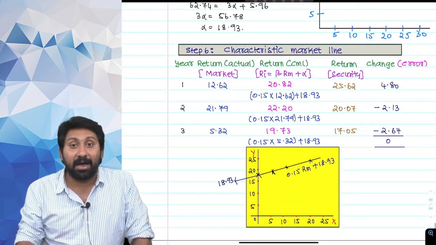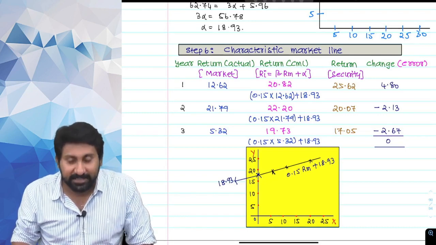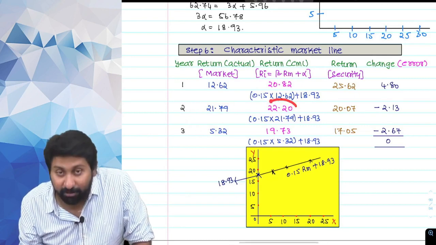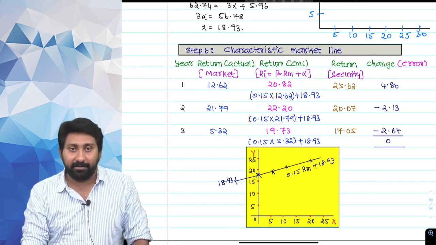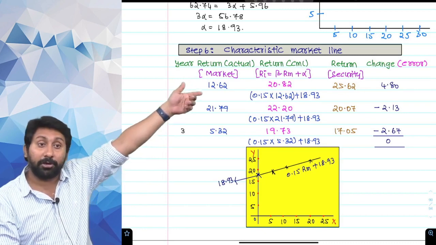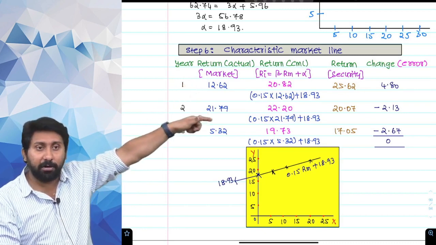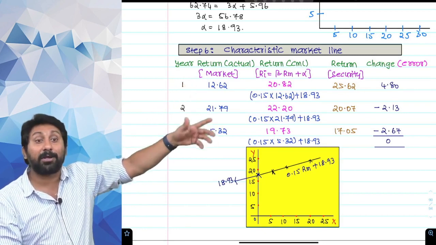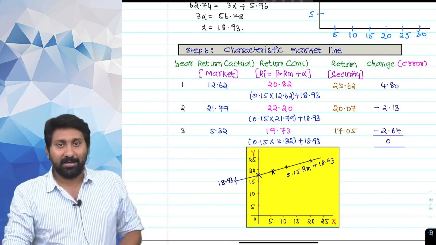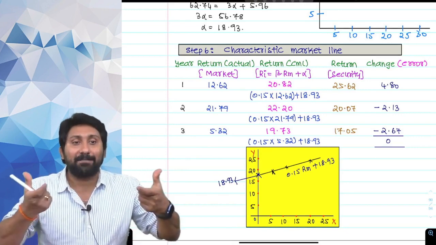Since the market is standing at 21.79, you are getting 22.20 for the security. Sir, when the market is at 12, I'm getting 20. When the market is at 21.78, I'm still getting only 22 because your beta is very low. Beta is very low. What is beta? Measure of systematic risk.